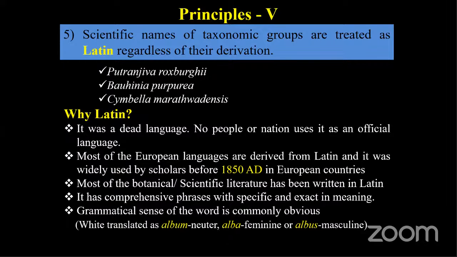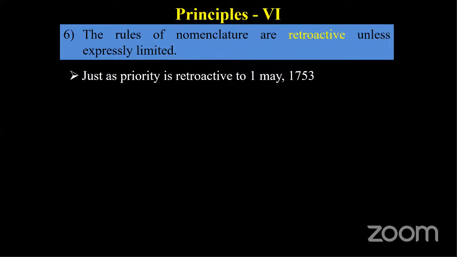The rules of nomenclature are retroactive unless expressly limited. No doubt this code was established in 1867, because the first International Botanical Congress was held at Paris by Alphonse de Candolle, and from that Paris Code the various rules and regulations were accepted.